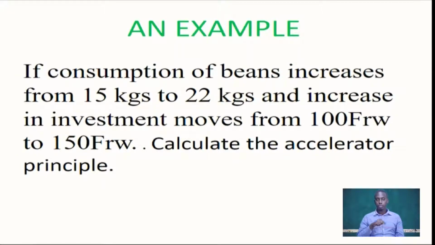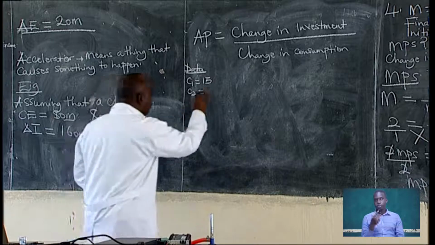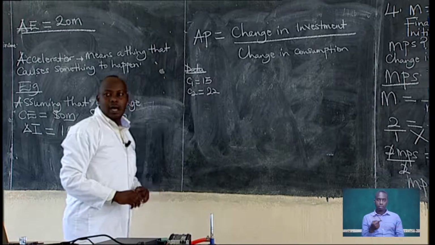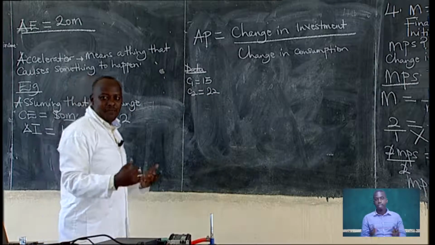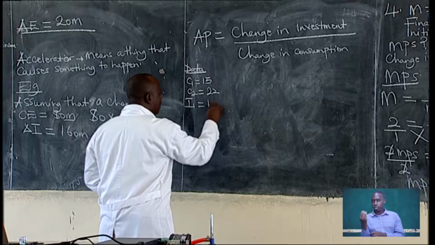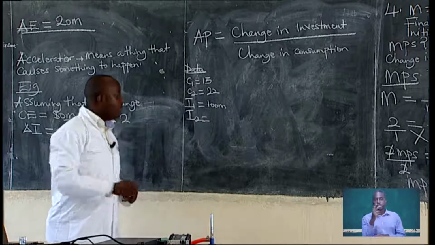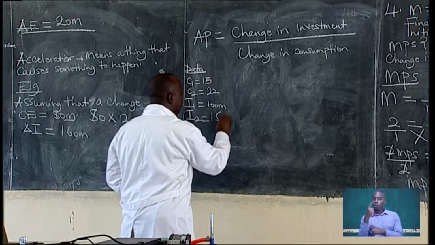Consumption 1 is 15. Consumption 2 is 22 kilograms. Investment 1 is 100 million, and investment 2 is 150 million.